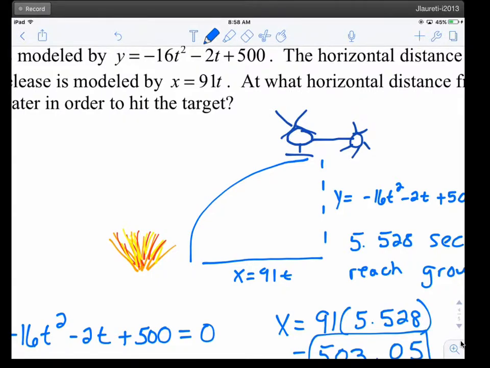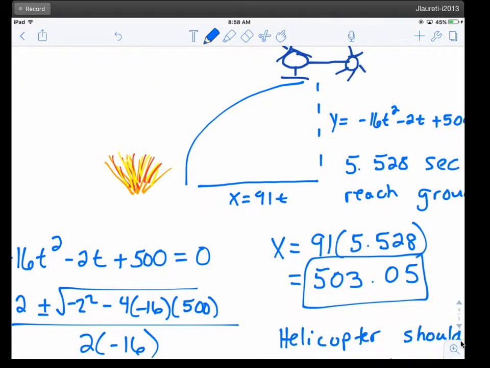And then the horizontal distance between the water and its point of release, from its point of release to where the fire is, should take 5.528 seconds. So that's going to give you roughly 503 feet away.